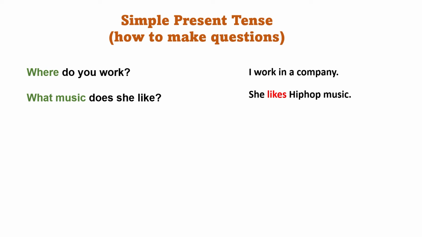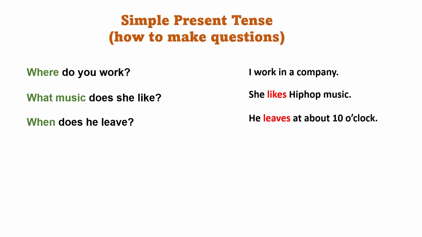She likes hip-hop music. When does he leave? He leaves at 10 o'clock. He leaves at about 10 o'clock. So the question word is when, then we need does because of he, and in our question we use the word leave.